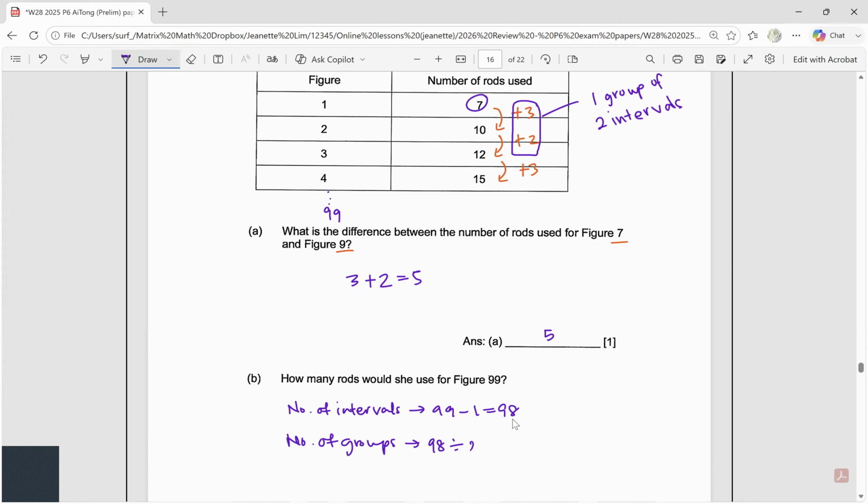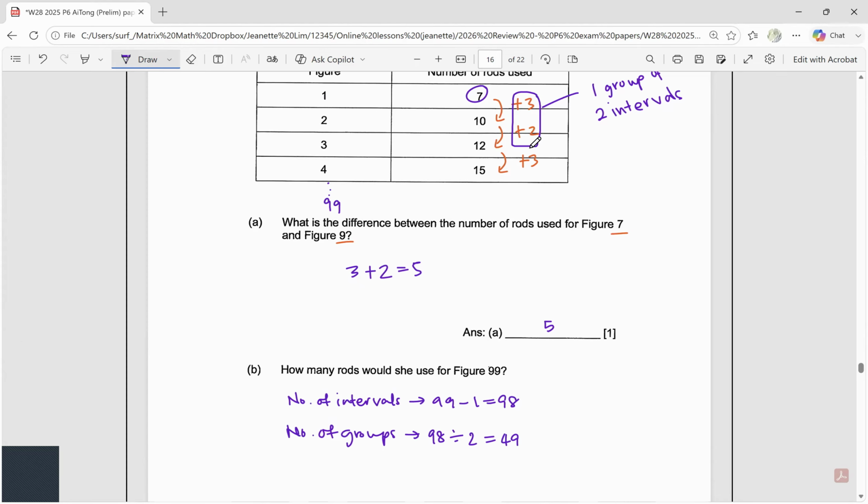So 98 divided by 2, you get 49. 49 groups of this, 49 groups of 5. So 49 groups would be 49 times 5.